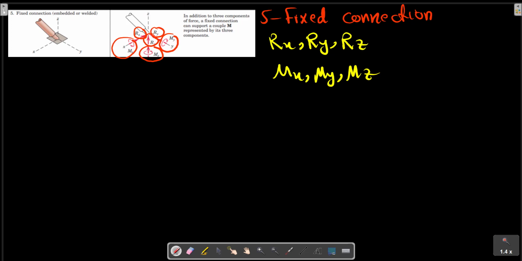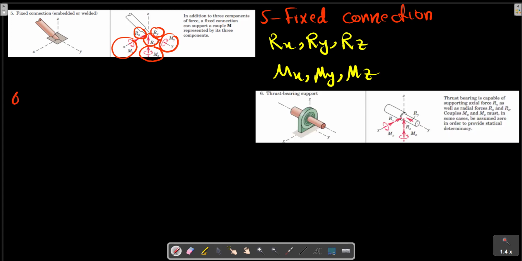In this type of support, the free body diagram is provided in this picture.